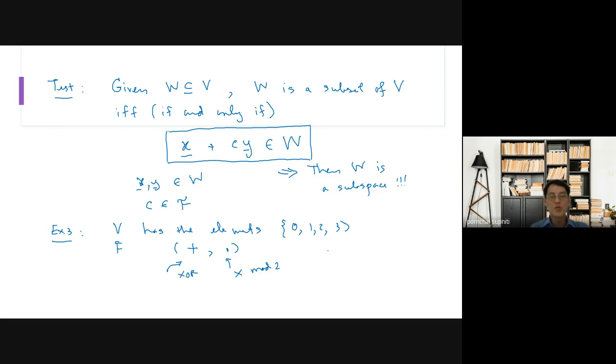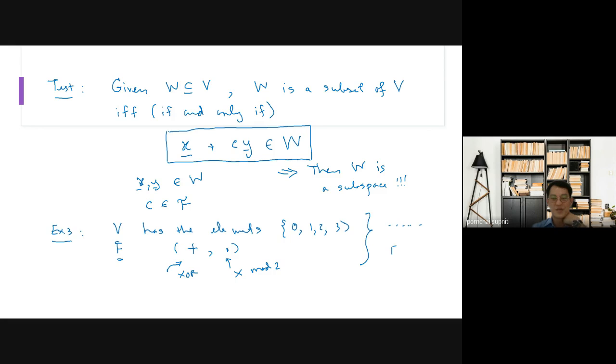Can anyone tell me what type of field this is called? When we have the vector space like that, and then we have the field like this, what do we call it?